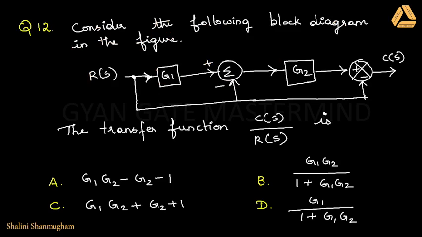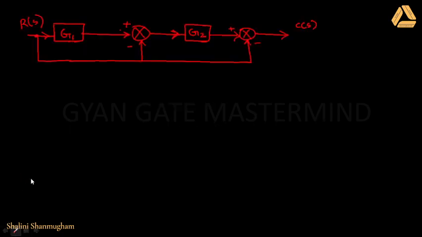Coming to the 12th question. Here the block diagram is given. Again they have asked to find the transfer function. So here the output is C of s and input is R of s. So the transfer function is the ratio between the output and input.